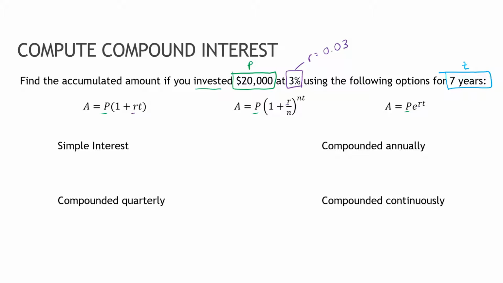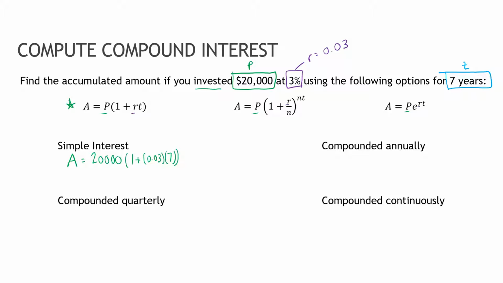So my first one is simple interest. Simple interest is this guy. So to find my accumulated value, I'm going to take the 20,000 that I'm investing, and I'm going to take 1 plus my rate, 0.03, times my time, because essentially I'm earning 3% per year times the number of years, which is 7. And in fact, I know that I'm a stickler about showing work. When we're talking about interest, that is the one change.